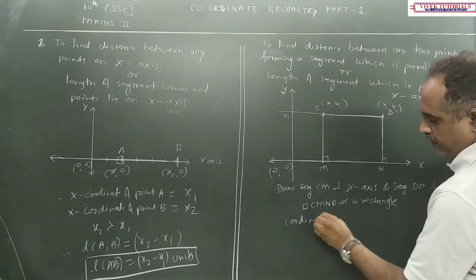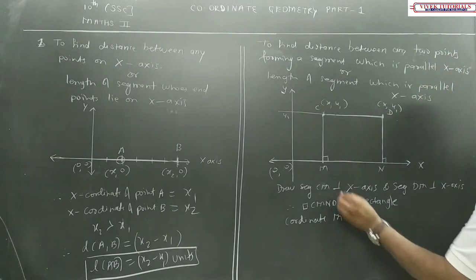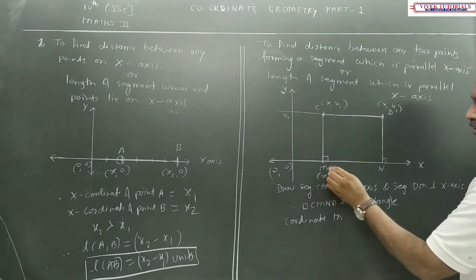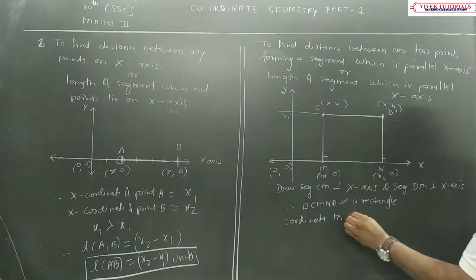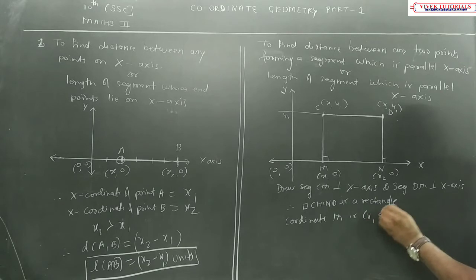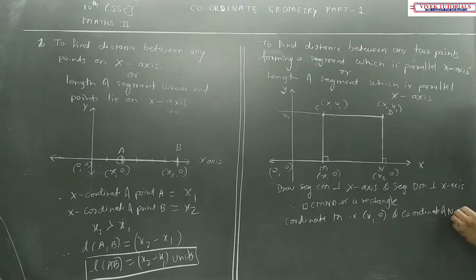The coordinate of M is x1 comma 0, and the coordinate of N is x2 comma 0.